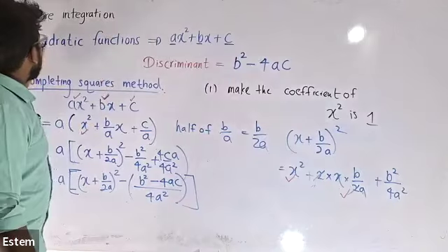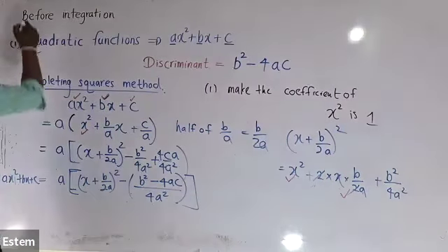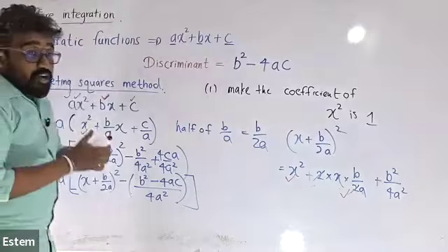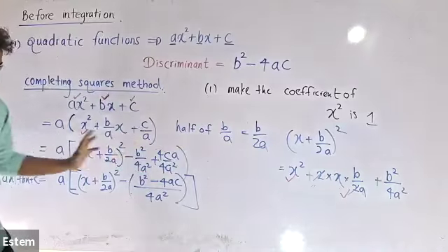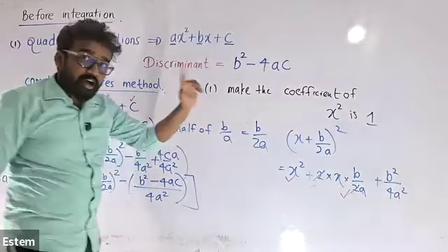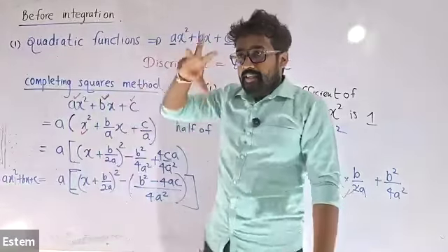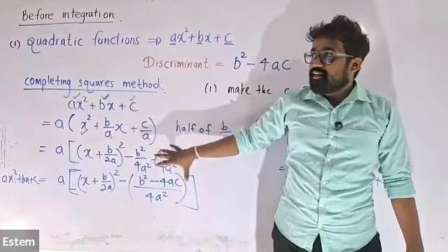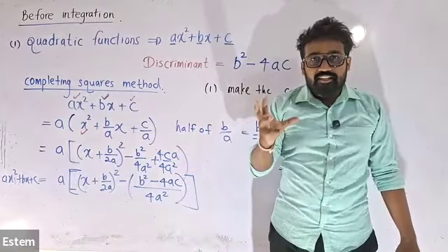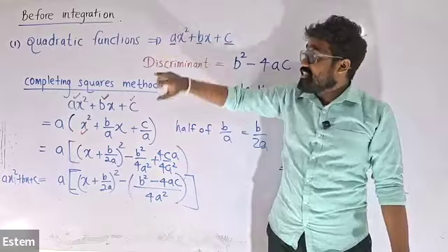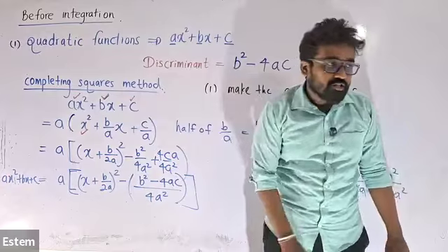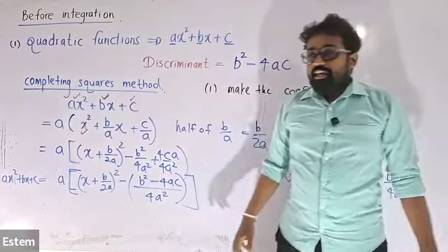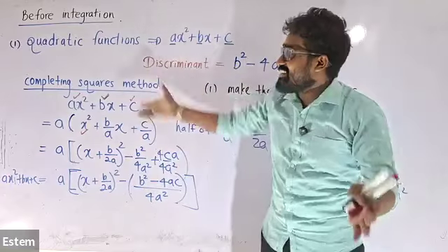You should start by writing the topic before integration. After you write this, I am going to do some examples from this, and after that I will explain how integration is easier when we use the completing square method. Can you write these things?